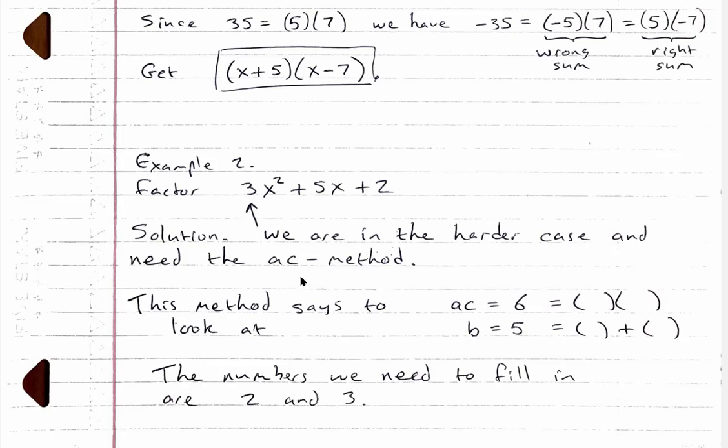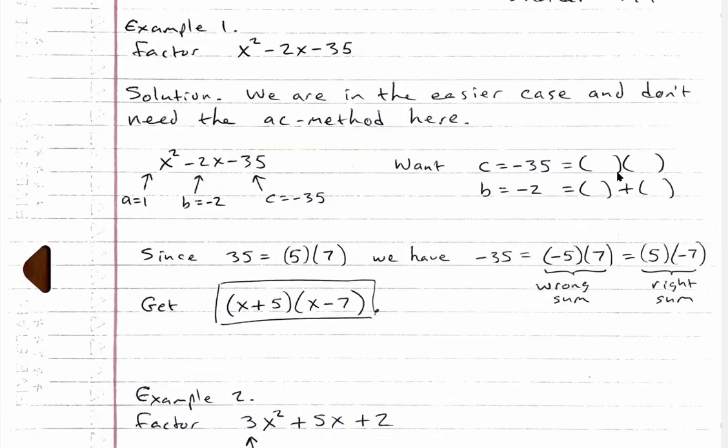So how does the AC method work? Here A is 3, B is 5, C is 2. The method says to first work out AC, so A times C is 6, and also write down B, which is 5.